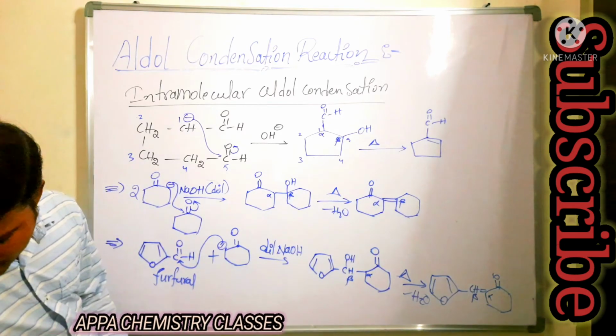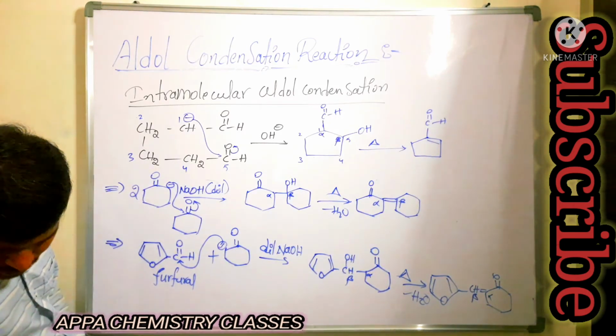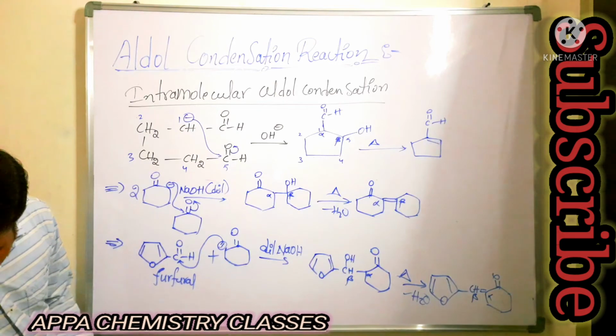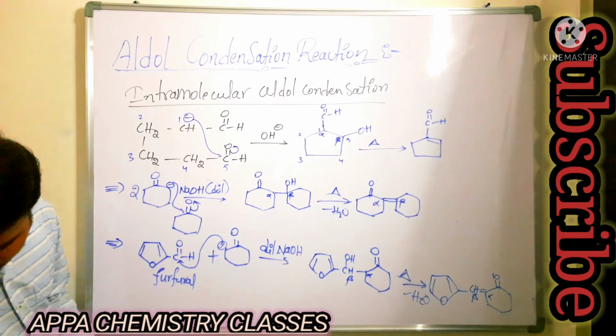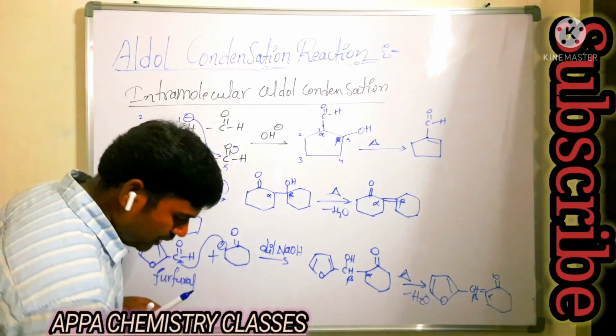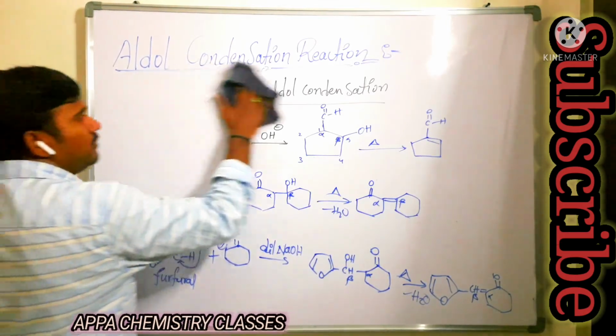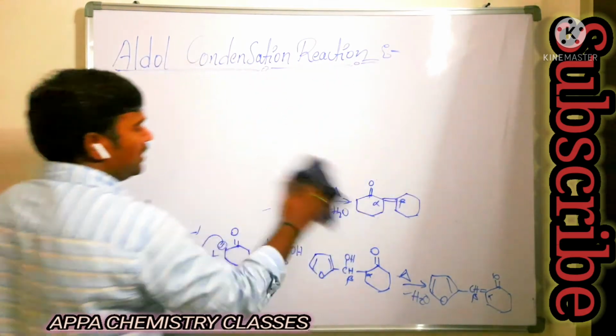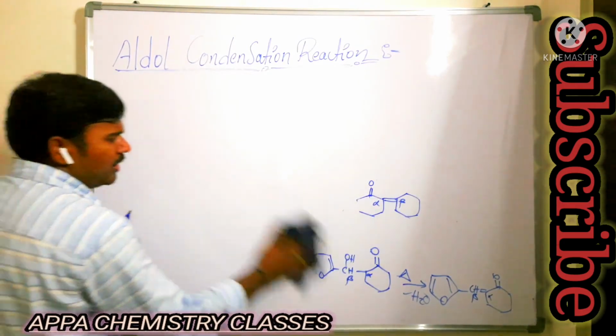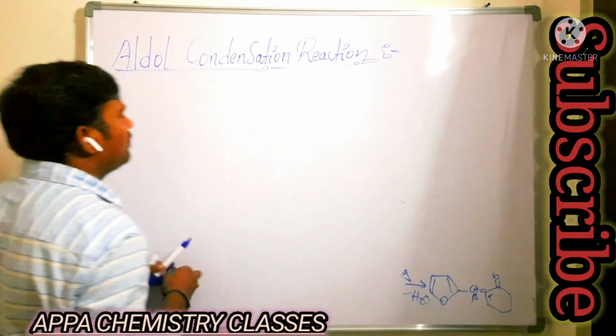You can take such type of examples, so many. Now you can take another example also. One is benzaldehyde you take, another one is acetophenone you take. So last example I will explain in this aldol condensation. Like that you can take so many examples here.